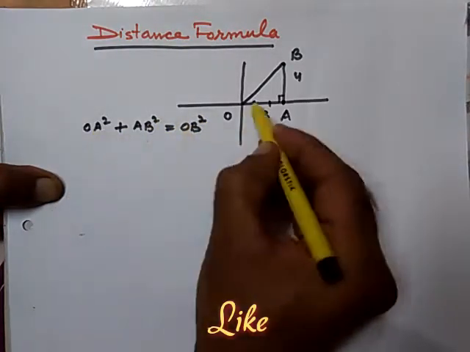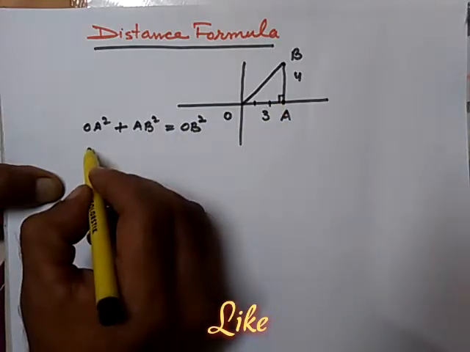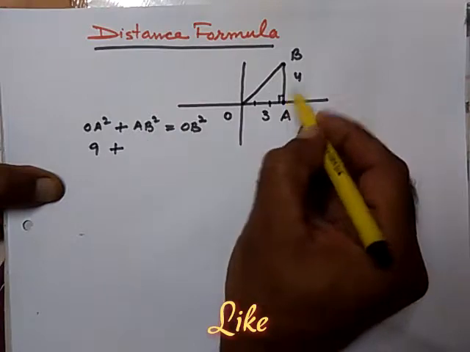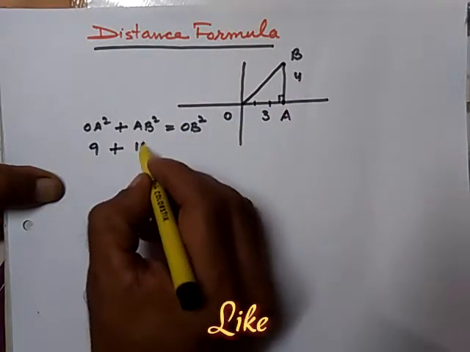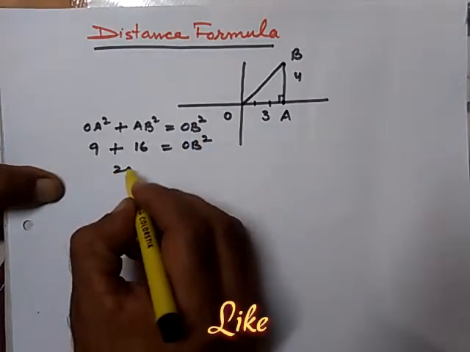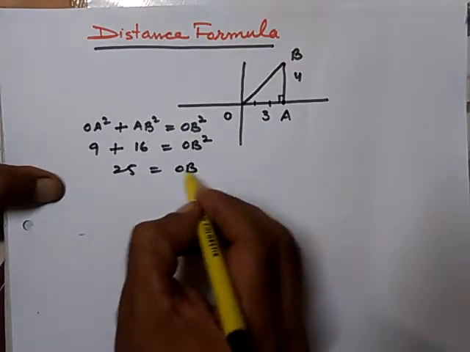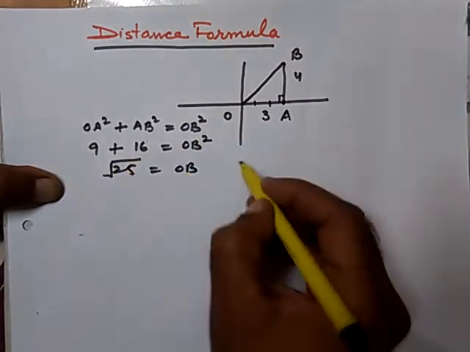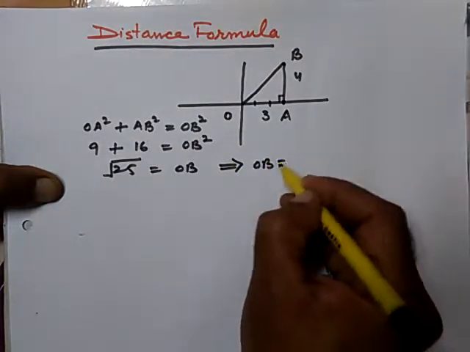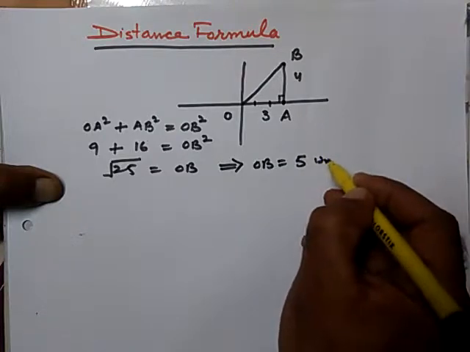Now what is OA square? This distance is 3, so 3 square is 9, plus AB square, 4 square is 16, and it is equal to OB square. So 25 is equal to OB square, and OB is the root of 25. It implies OB is equal to 5 units.